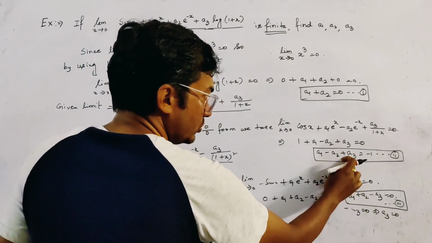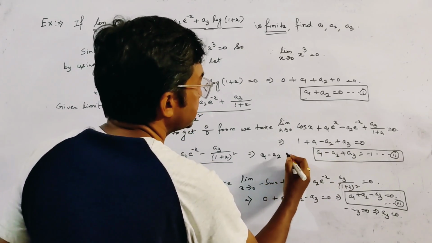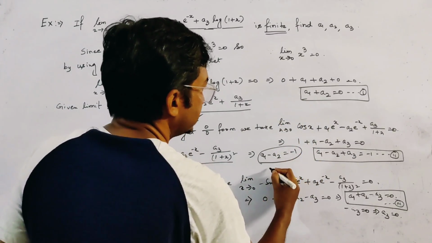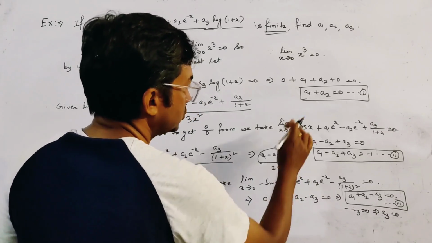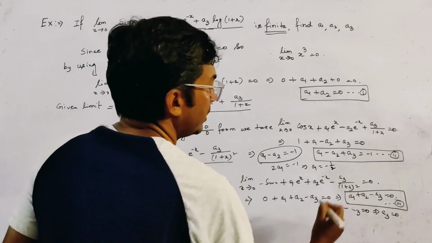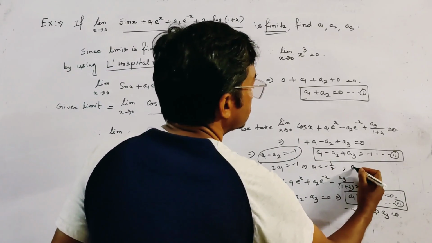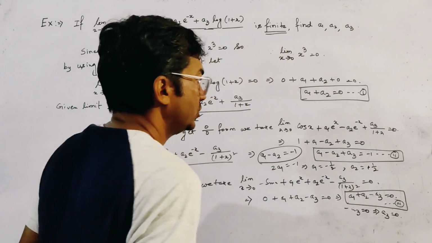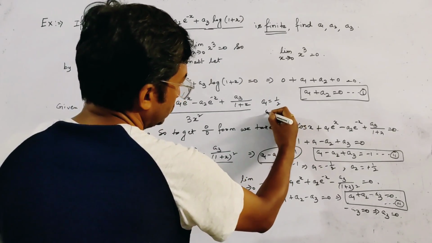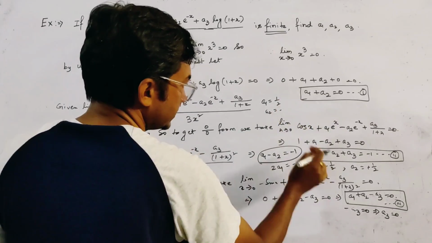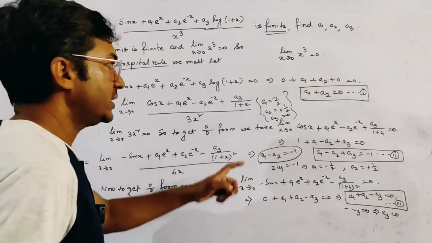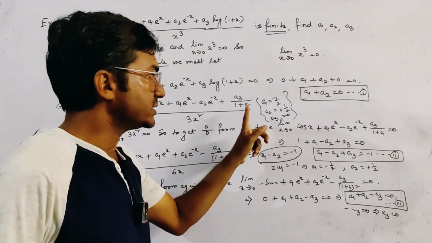Now a3 = 0 implies a1 - a2 = -1, and solving this with relation 1 we get 2a1 = -1, so a1 = -1/2, and with a1 = -1/2, a2 = +1/2. So the values are a1 = -1/2, a2 = 1/2, and a3 = 0, and these three are the values of a1, a2, a3. This is the final answer.